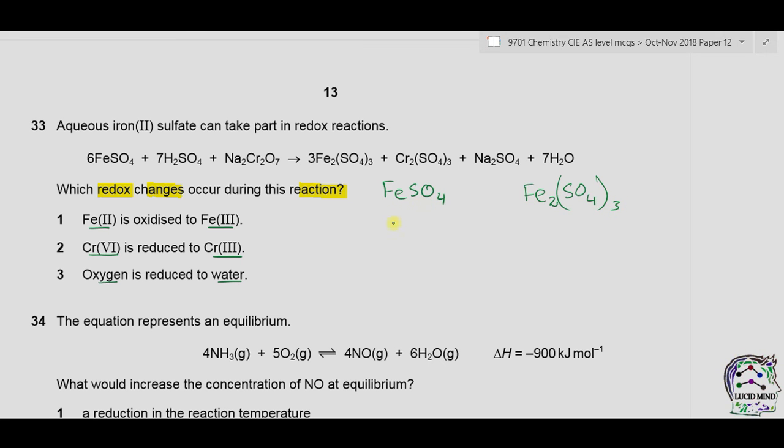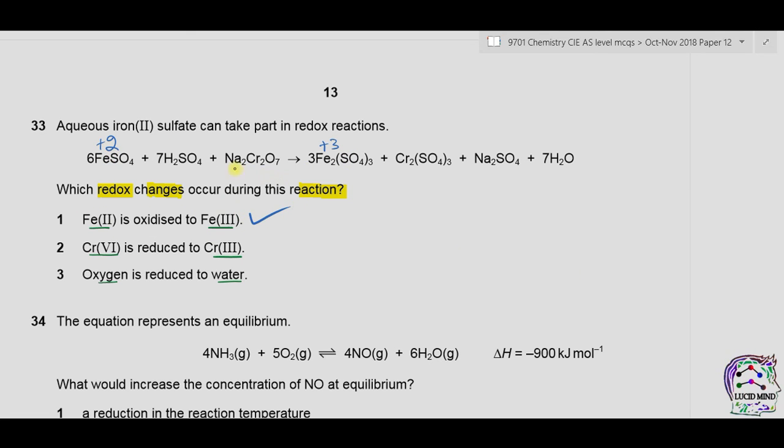The charge on one sulfate is -2, overall charge is 0, so iron is +2. Similarly, the charge on one sulfate is -2. We have 2 iron atoms and 3 sulfates, so for 3 it will be -6. Overall charge is 0. Therefore, the oxidation state of one iron is +3 in the product. So iron has been oxidized from +2 to +3.